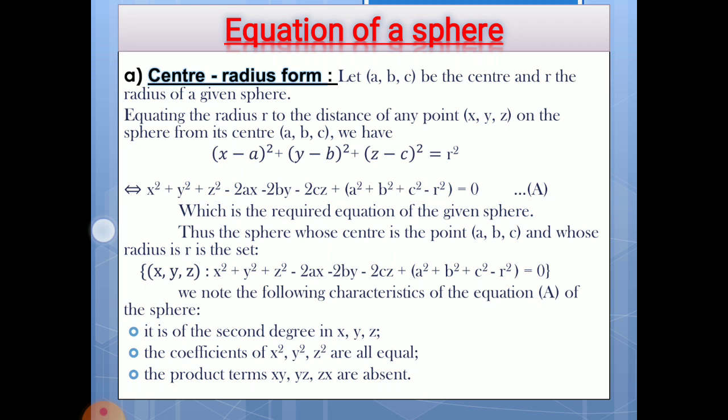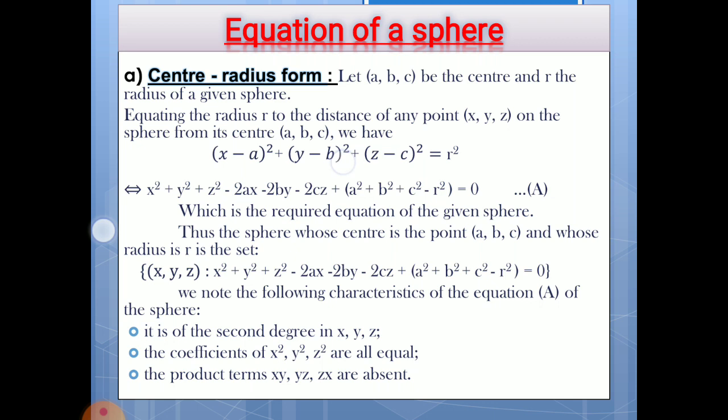By distance formula, what is the distance between the center (a, b, c) and the point (x, y, z)? It is the square root of (x minus a) whole square plus (y minus b) whole square plus (z minus c) whole square is equal to r, and then squaring both sides we get (x minus a) whole square plus (y minus b) whole square plus (z minus c) whole square is equal to r square.